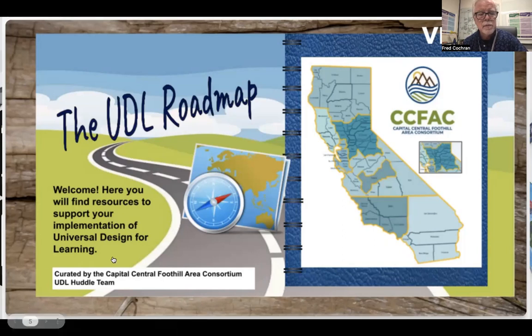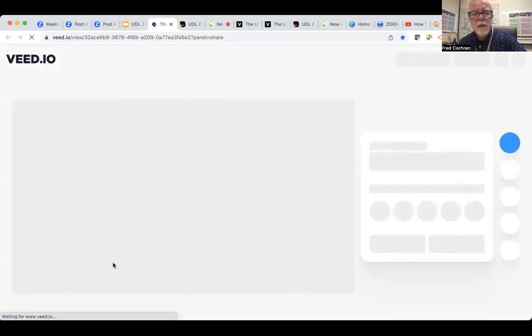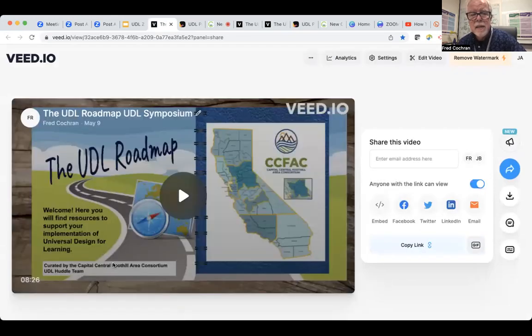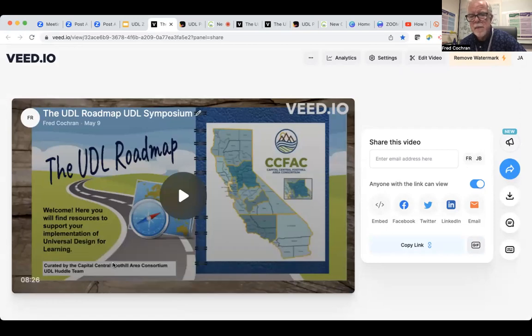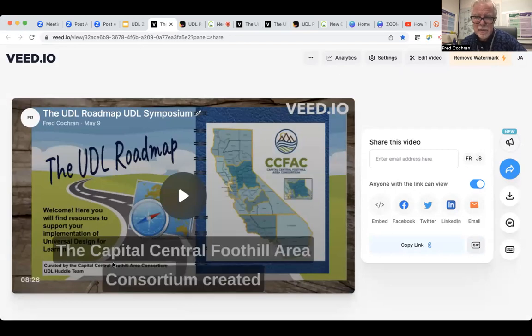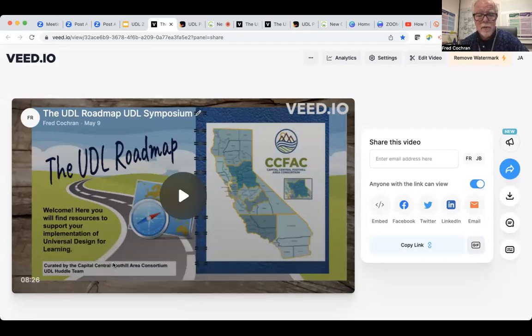So let me click off of here, and we're going to open up a website called veed.io. I ran into this by accident, but I keep looking for resources that may be helpful in my work, especially because accessibility is a big feature of universal design for learning.